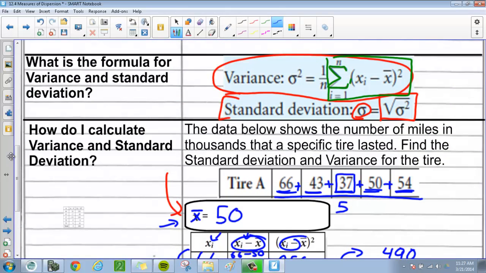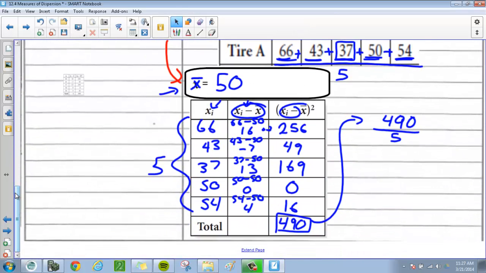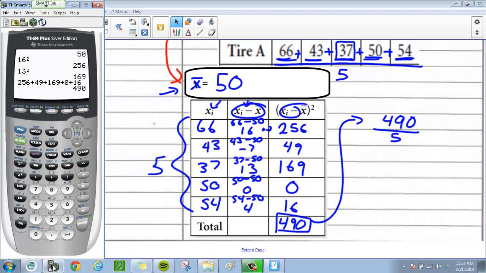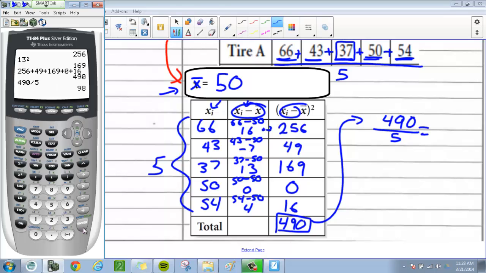We're dividing by the number of terms, the number of data values. So what's 490 divided by 5? We get a value of 98. So our variance, what we were solving for, is equal to 98.